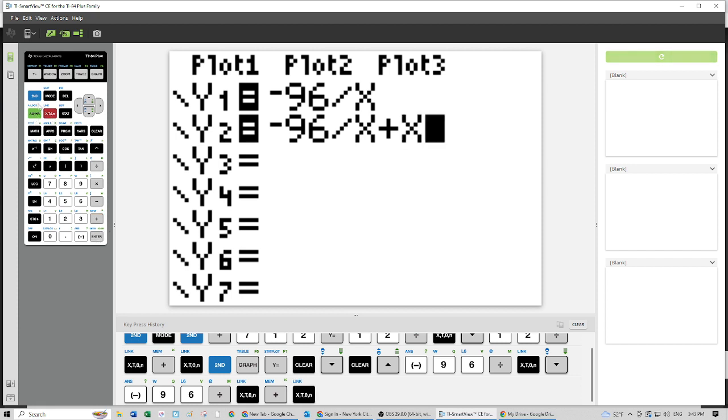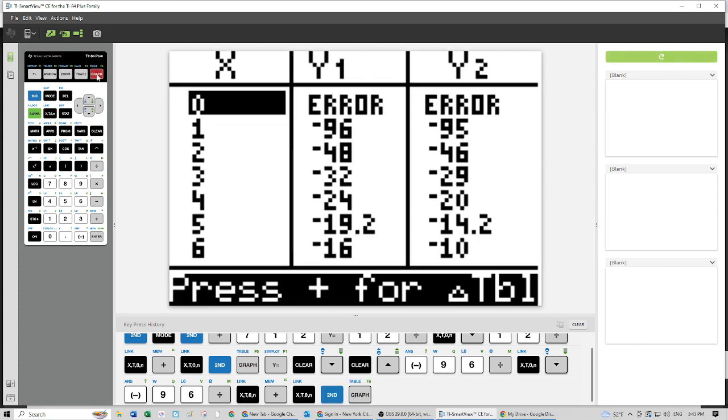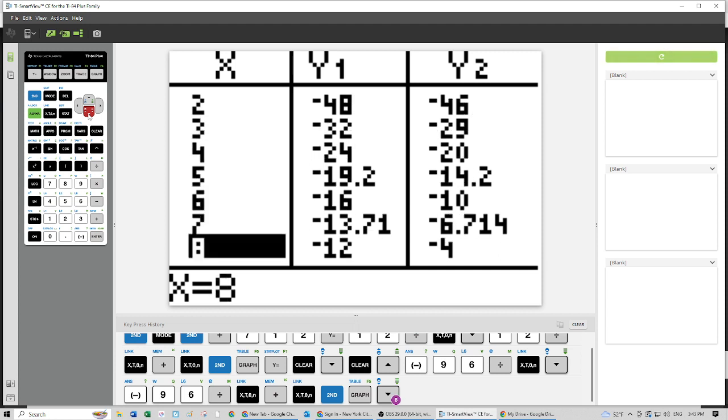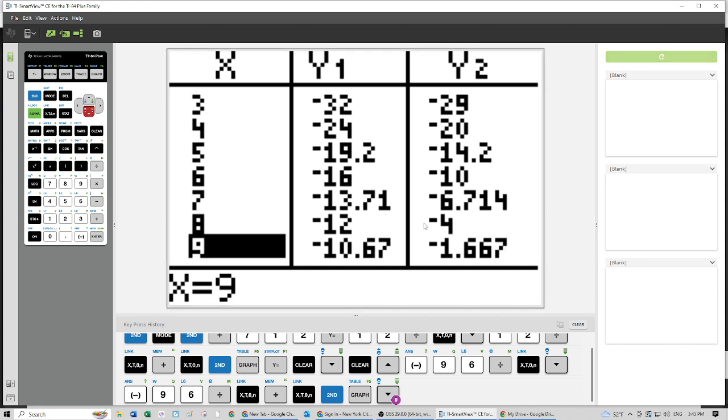And the next step was to go second graph. Now, since the sum is negative 4, I'm going to search for negative 4 under y sub 2. Since it's not here, I'm going to scroll down. Here it is. So you see negative 4. So the answer for this factoring is x plus 8 times x minus 12.